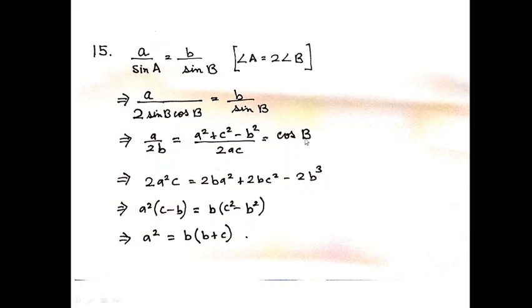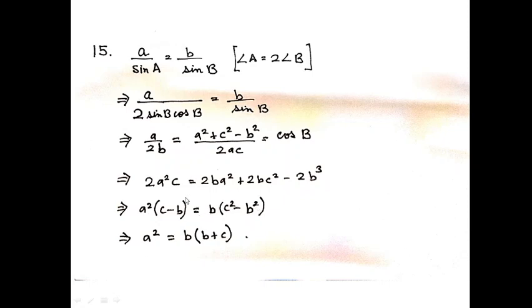Now what is cos B? Cos B is (a square plus c square minus b square) by 2ac. So a by 2b is this thing, and now cross multiplying, 2a square c is 2b a square plus 2b c square minus 2b cubed, and on simplifying, the 2's cancel out, giving a square into (c minus b) equals b into (c square minus b square).